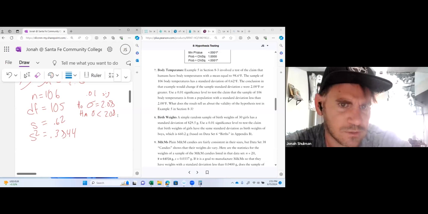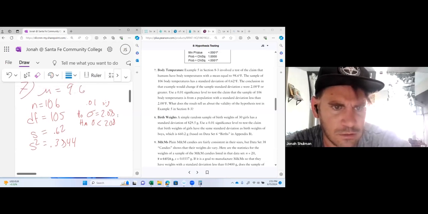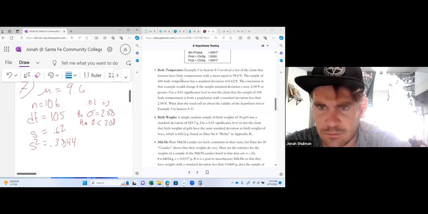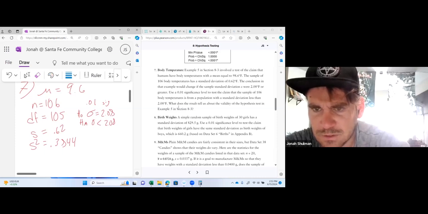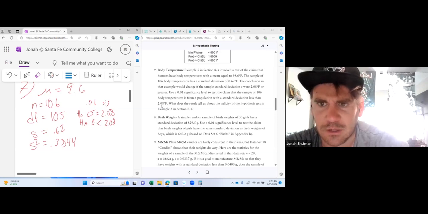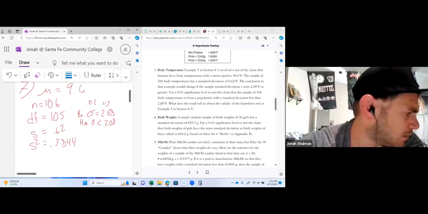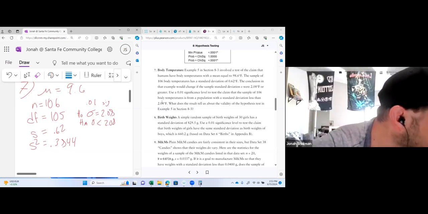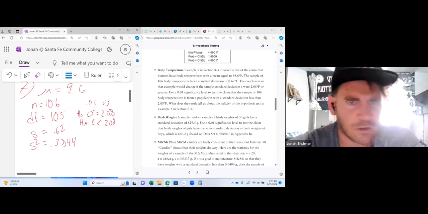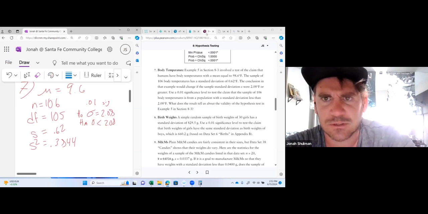Okay, so we have this. We want a standard deviation of 0.62, but this says it's 2.08. Kind of wild, right? So my null and my alternative are right. Let's see if we can get the chi-squared statistic to be right.